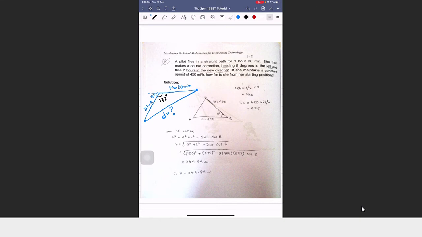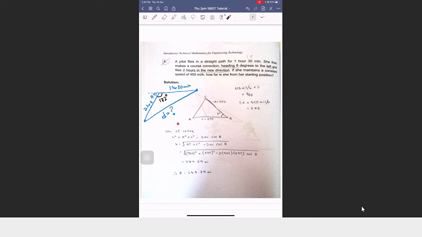Basically, you have your oblique triangle, with two sides and the included angle. If you want to find this distance, you have to apply the law of cosine. So the method here is correct: law of cosine.